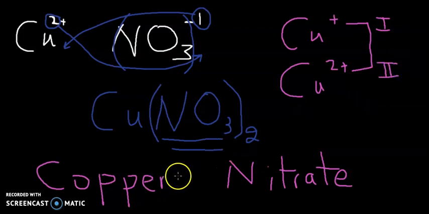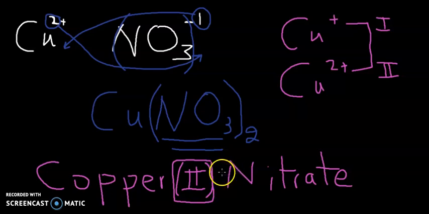So in the name, because copper has two different oxidation states, I would write a Roman numeral 2 to indicate that this is the charge or the oxidation state of copper. You do this for all ions that have more than one oxidation state.